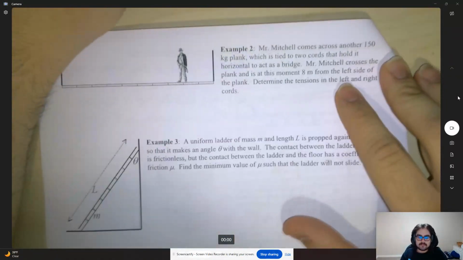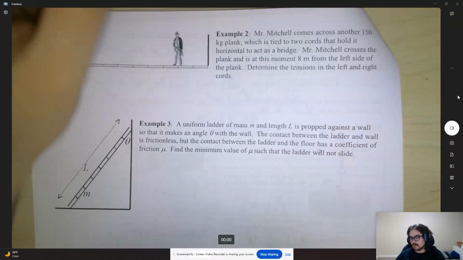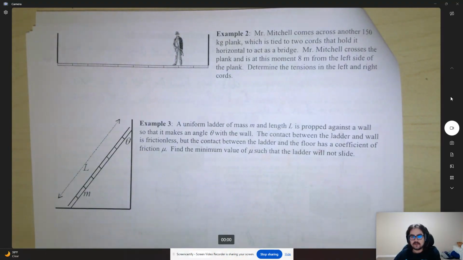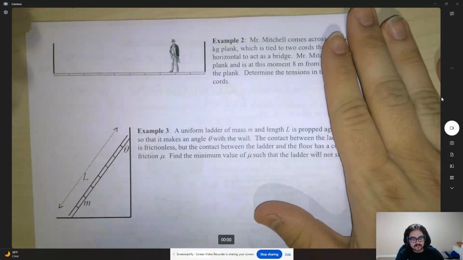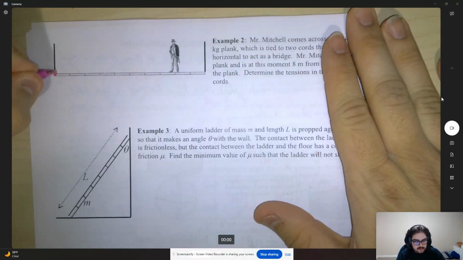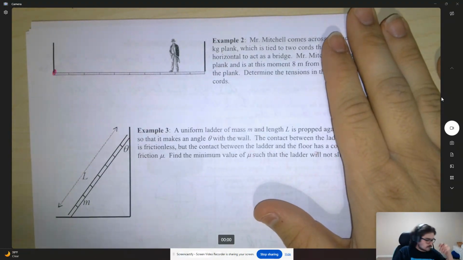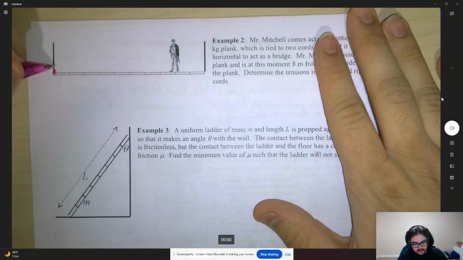This is a bridge that is suspended from two ropes. So this is like the bridge problem. And the big difference here is that you have a couple more torques. You have tension in the left cord right here, pulling up.